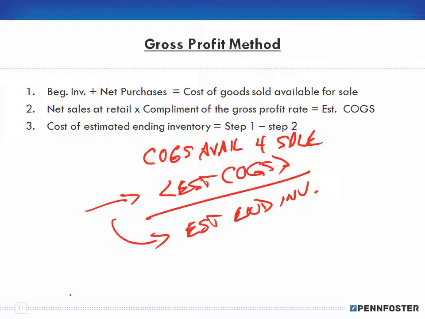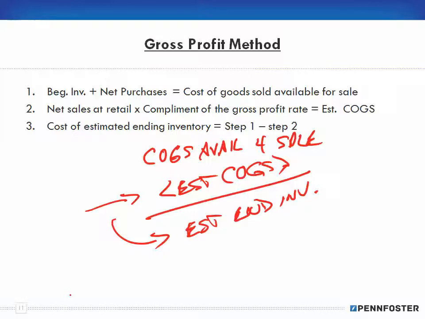So again, we're throwing a lot of terminology around, but notice it's all pretty much the same information. We have the cost of goods sold, cost of goods available for sale, whether those are at cost or at retail. All the terminology is the same, and it all depends upon the information that's available to you, depending upon your operation, your business.